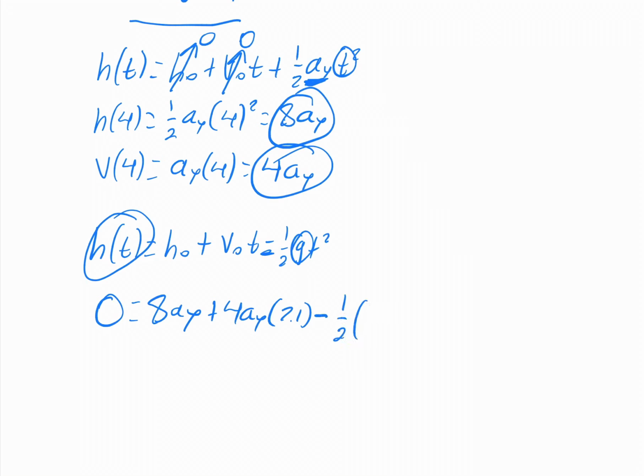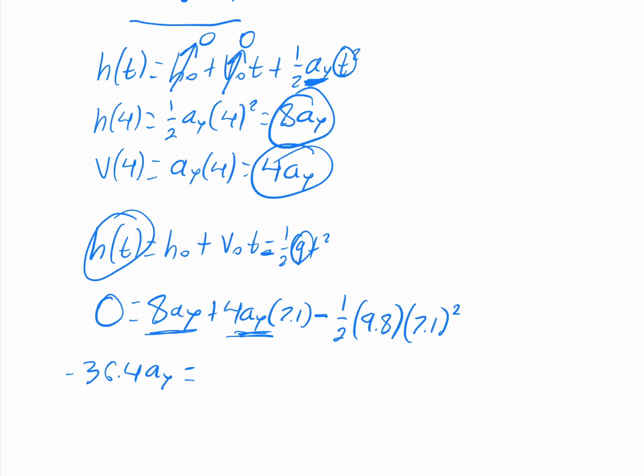So let's move everything to one side. We're going to move the 8 ay and the 4 ay times 7.1 to one side, and I get negative 36.4 ay. And this is going to equal, let's plug this into the calculator. 7.1 squared.